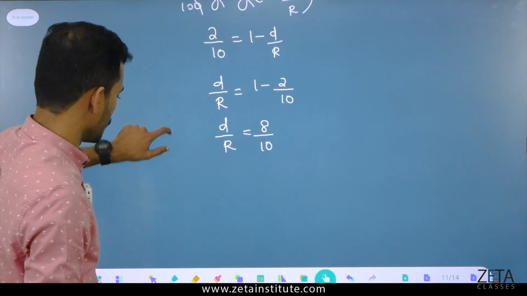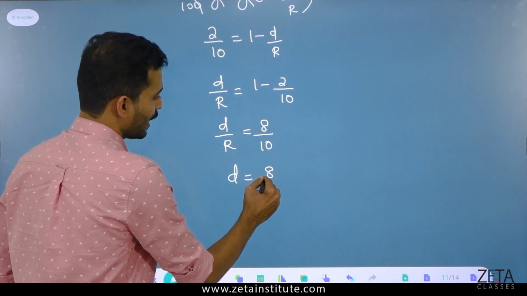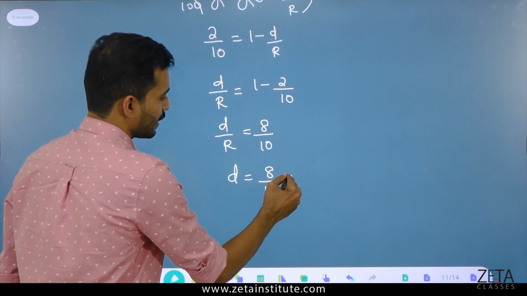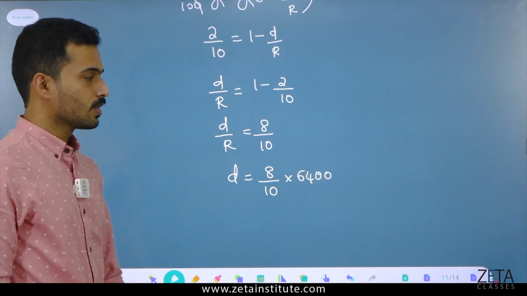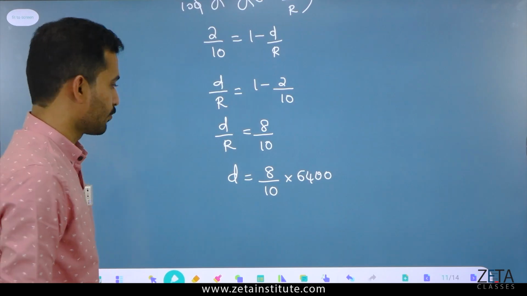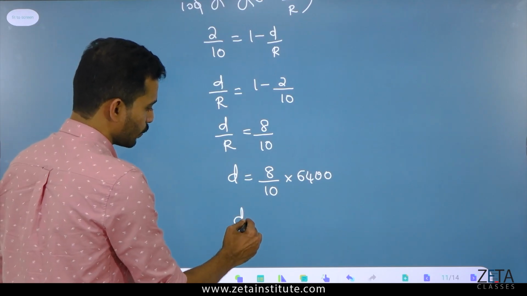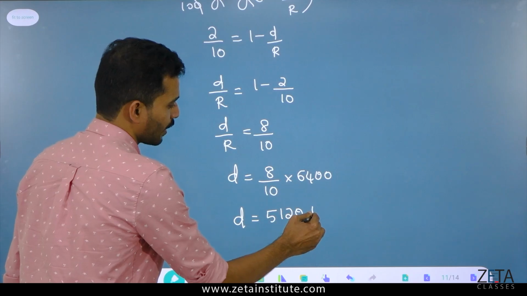D is equal to 8 by 10 into 6,400. What is the value of 8 by 10 into 6,400? That is equal to d is equal to 5120 kilometers.